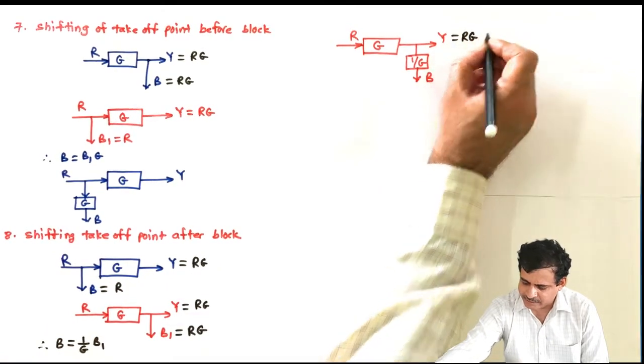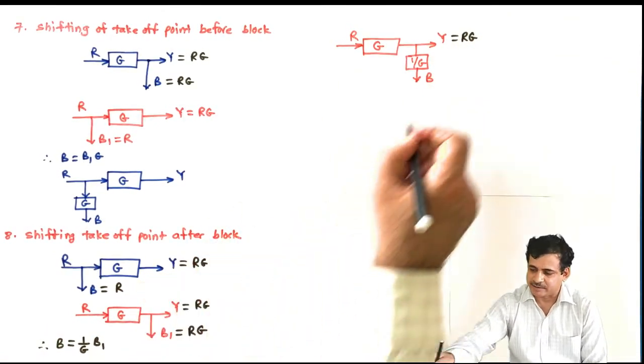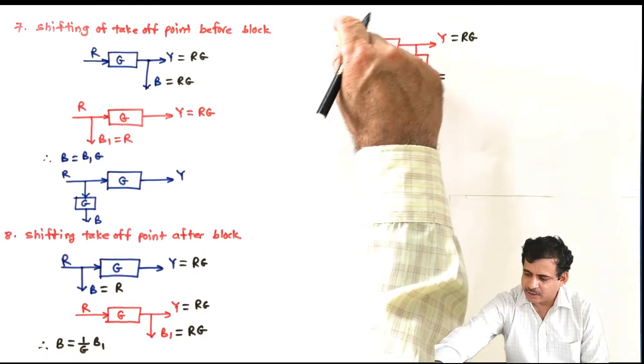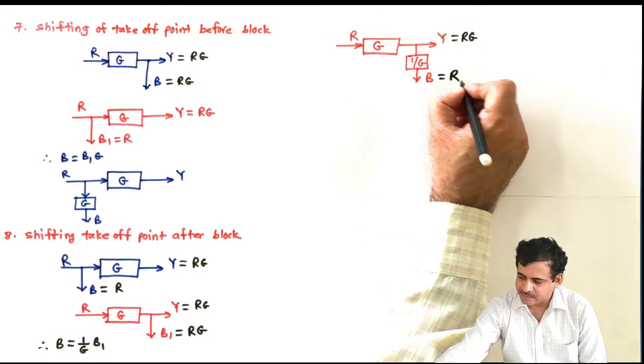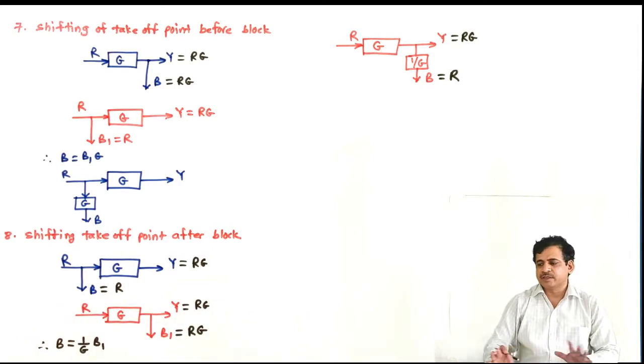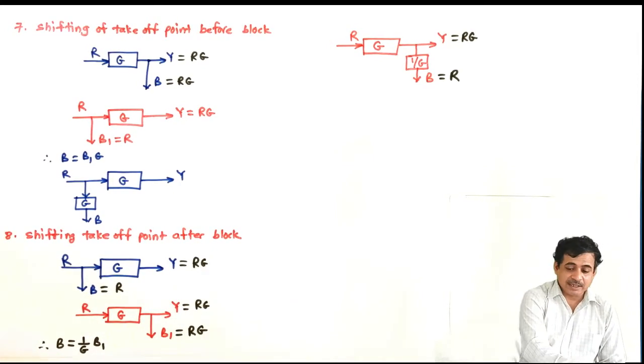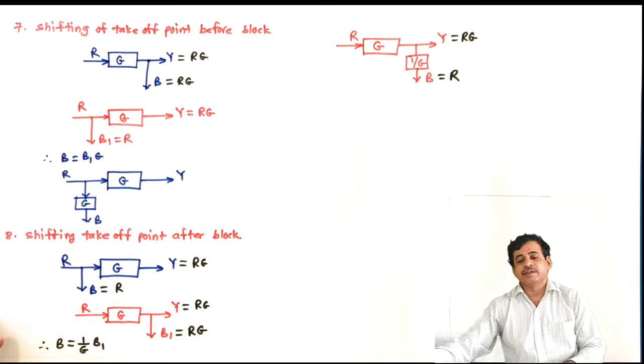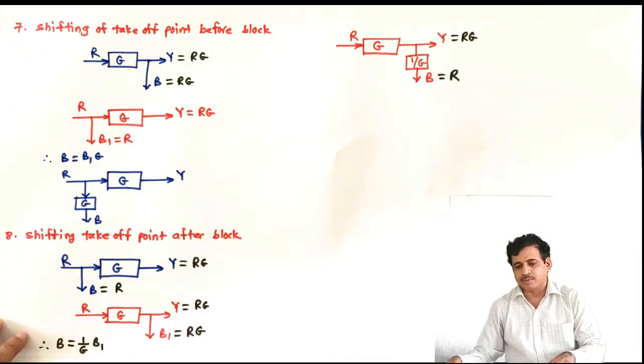Y is equal to RG, same as the initial condition. And what is B? B is equal to R into G into 1 by G, that is R. See, same. So done. So these are the first 8 rules which are very normally used.